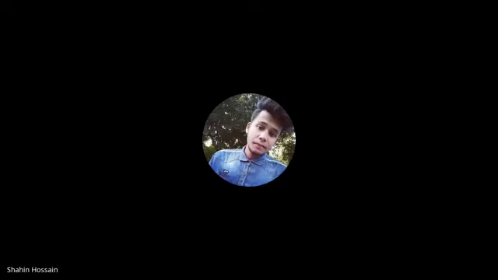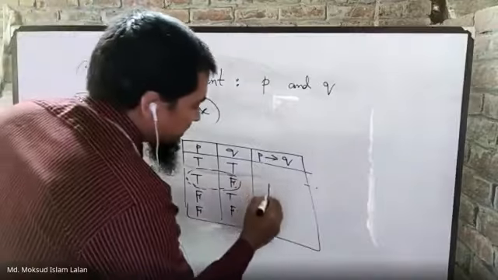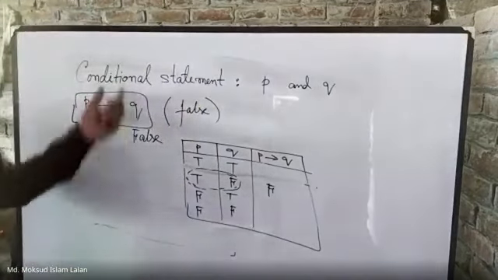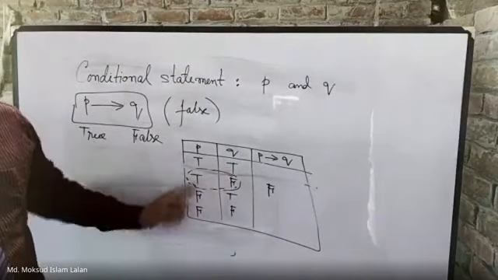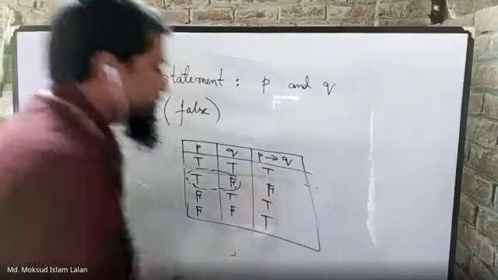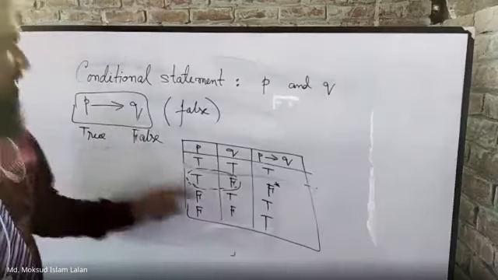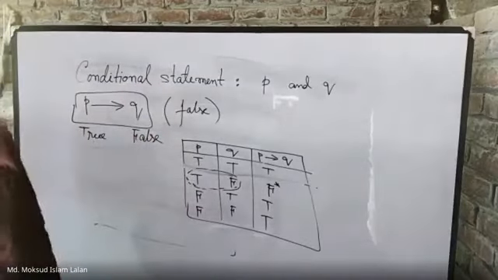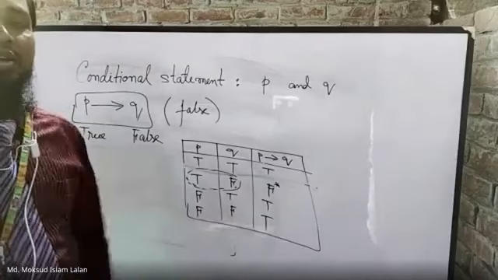It will be false. According to the conditional statement, does anything else satisfy? No, sir. The rest are true. Is it clear? Only when P is true and Q is false, then it is false. And that is called the conditional statement.